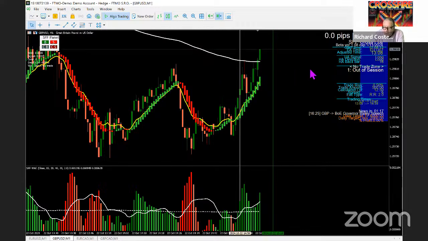It sometimes makes a big difference, and sometimes it makes no difference at all, but we'll monitor that as we go along. We will be getting a new version of the trading assistant which will have the proper trend lines on it. Just trying to move this out of the way.